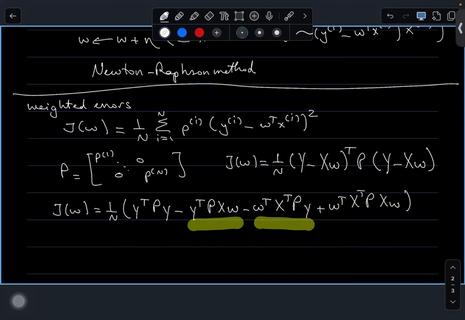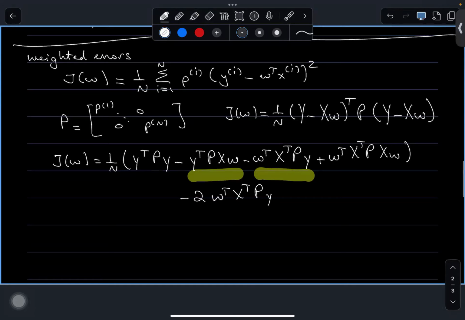So that becomes a minus 2 times W transpose X transpose P y. And I find the derivative of J with respect to W, I get 1 over n. This is a D by 1 vector.